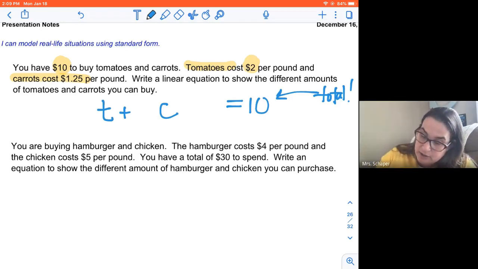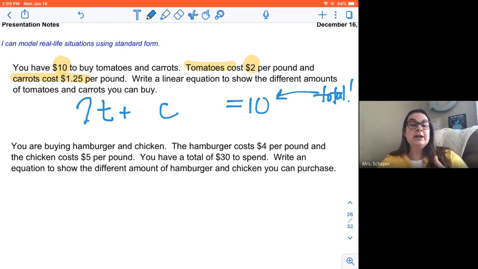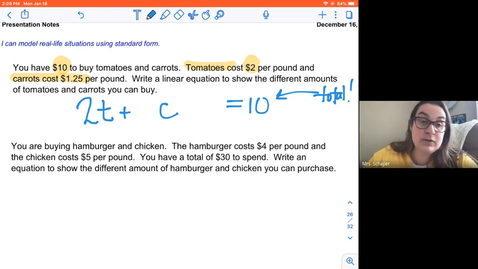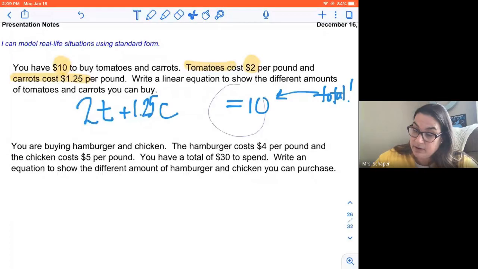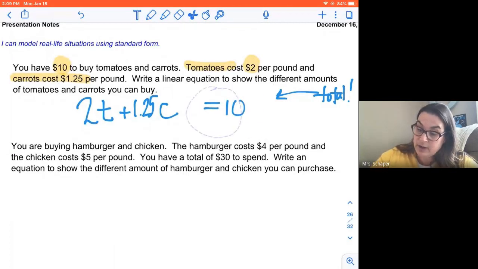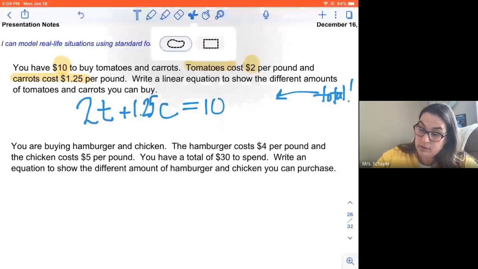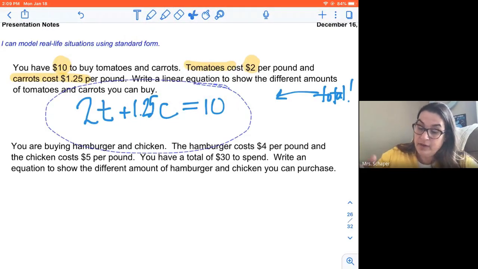Tomatoes are $2 each, so 2 times the number of tomatoes plus $1.25 times the number of carrots is going to equal $10. So I'm going to bring this over here, and then I'll shrink it all down over here.